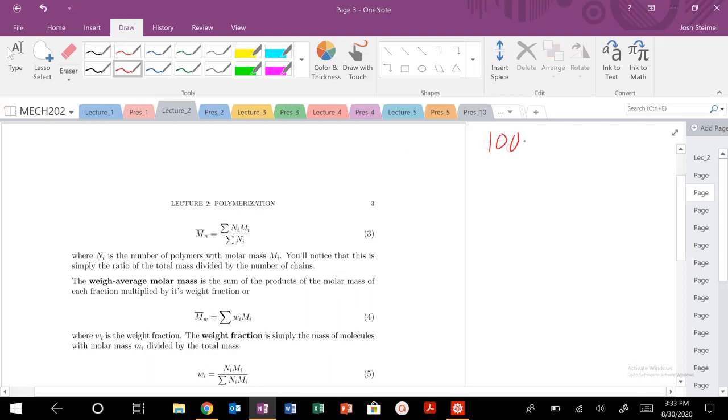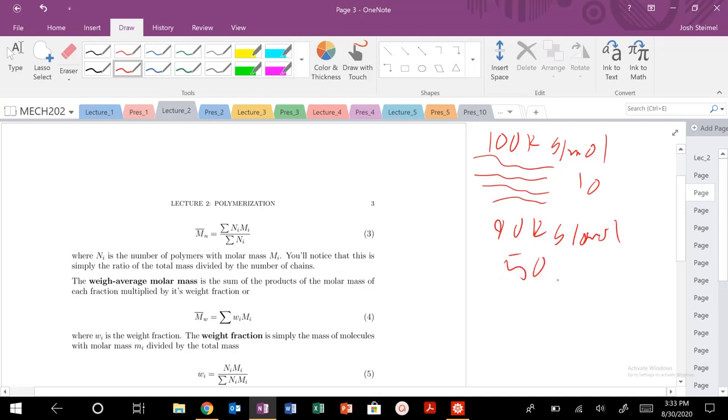So in my little schematic, you'll have a bin, let's say we have 100K grams per mole, and we have 10 of those chains. Then you might have 90K per mole, and you might have 50 of those chains. And then 80K, et cetera. You see where we're going here. To calculate the number average molecular mass, you'd use this data set.